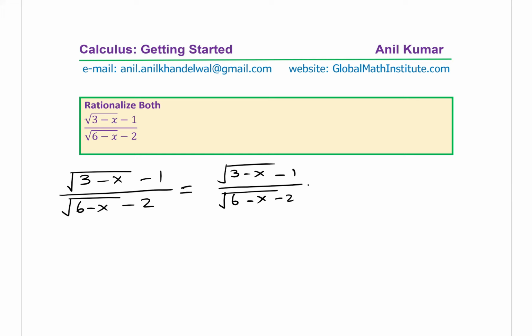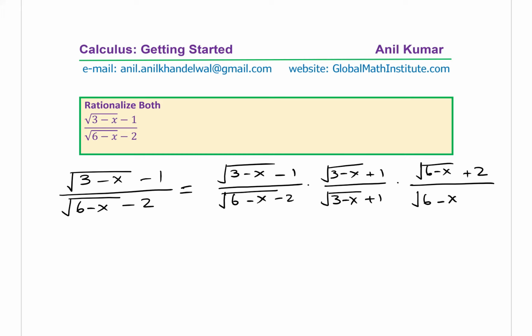So we get square root of 3 minus x plus 1 over square root of 3 minus x plus 1, right? This part is within square root. And now the denominator, square root of 6 minus x plus 2 over square root of 6 minus x plus 2. That is how we are going to rationalize, correct?